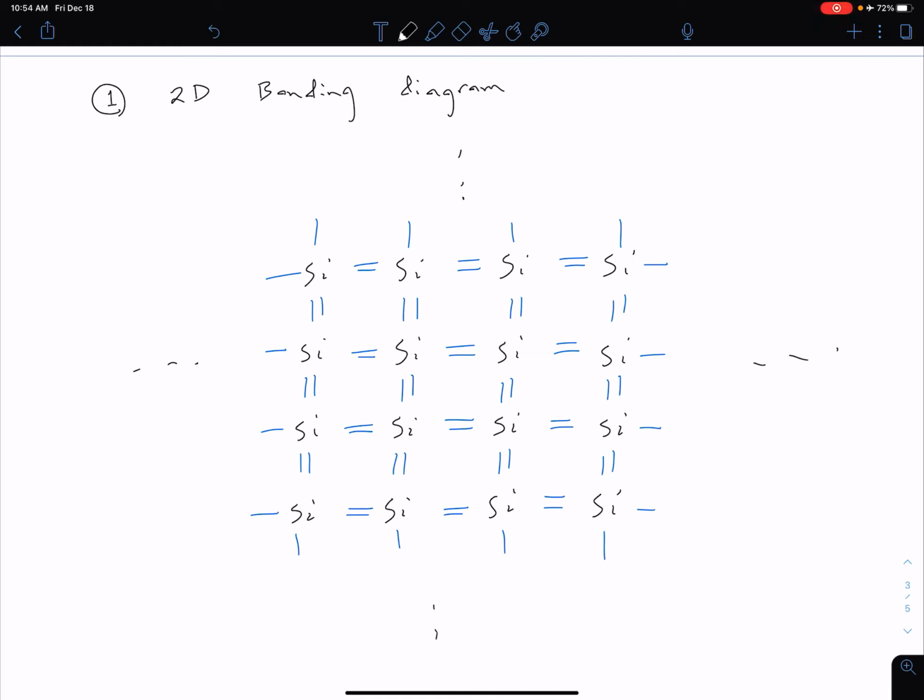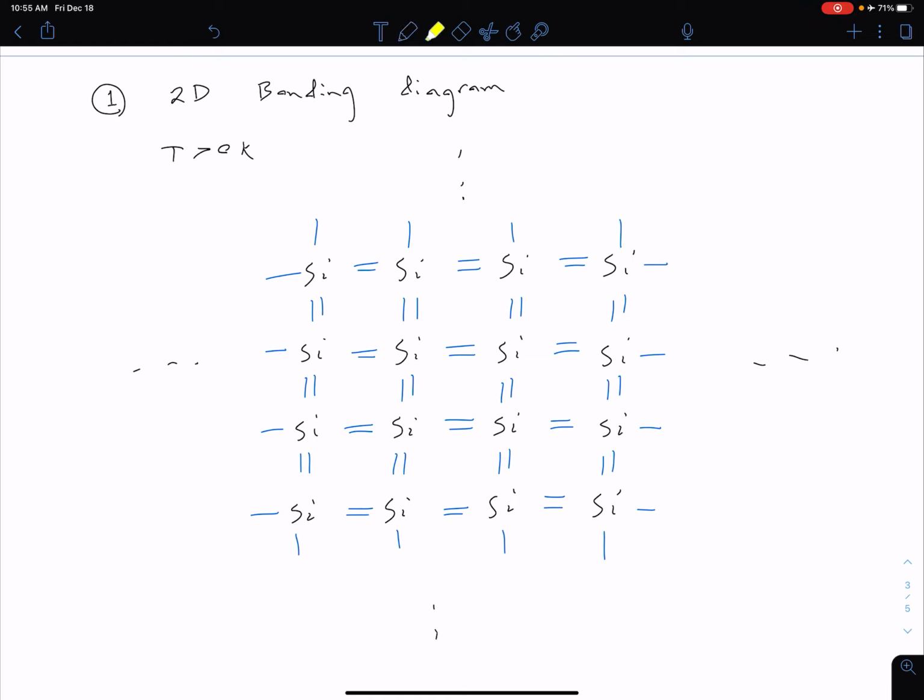I've also color-coded these electrons. Remember, each of these blue lines indicates a valence electron. So I've color-coded those blue to help make that easier to keep track of. So let's say we're at some temperature greater than 0. And what that means is that all of these electrons have some energy.